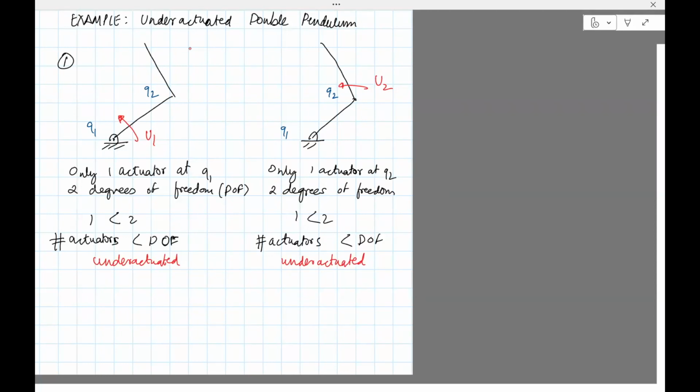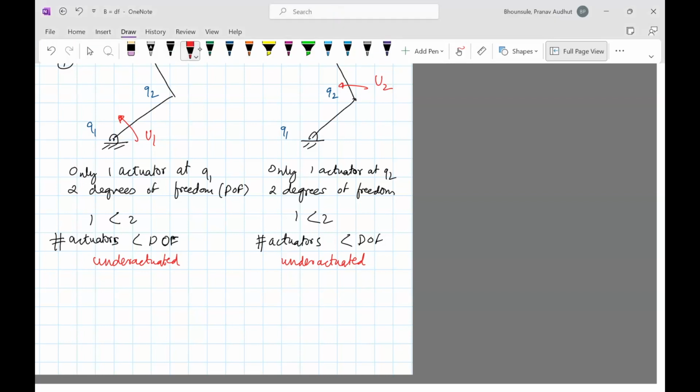This would happen if somebody loses their hand from the elbow. You'd of course put a prosthetic, but if you don't have power on the prosthetic, that part of your hand becomes underactuated, and it's just difficult to control.